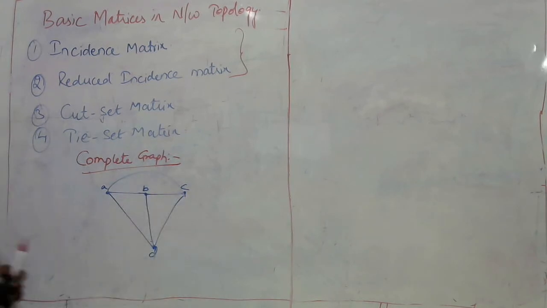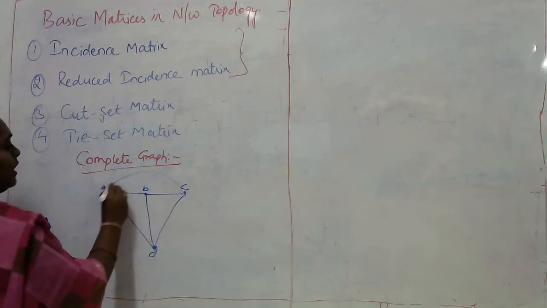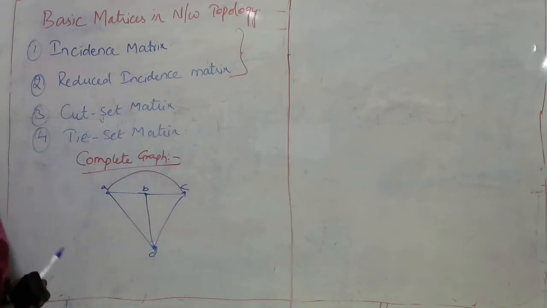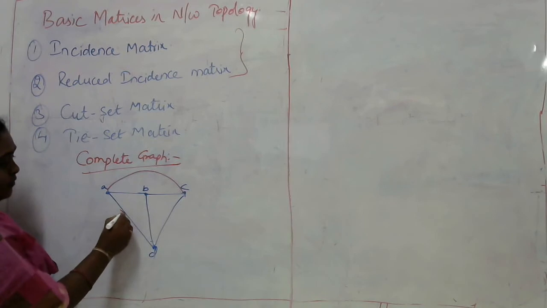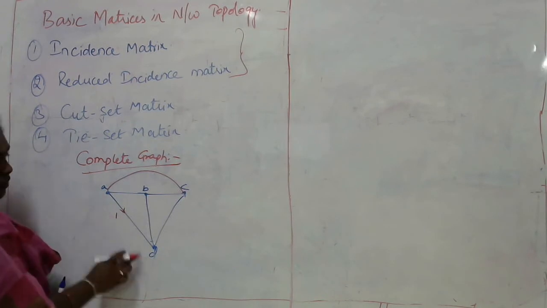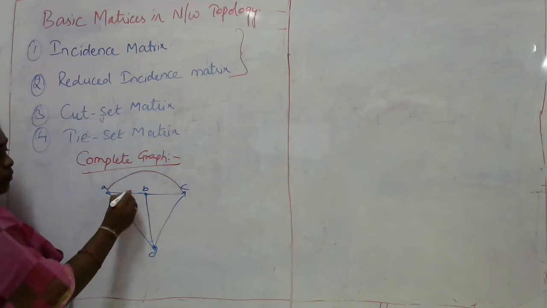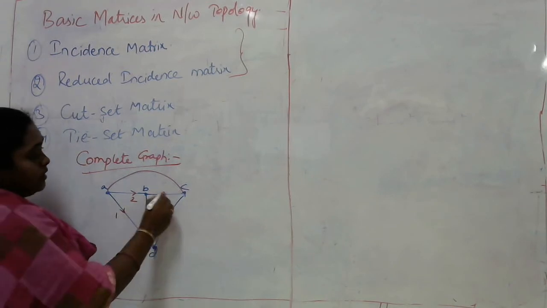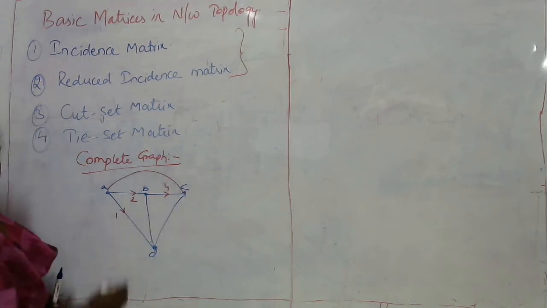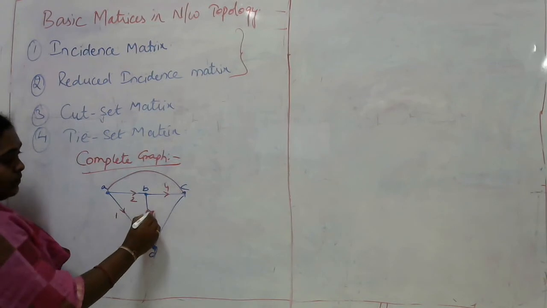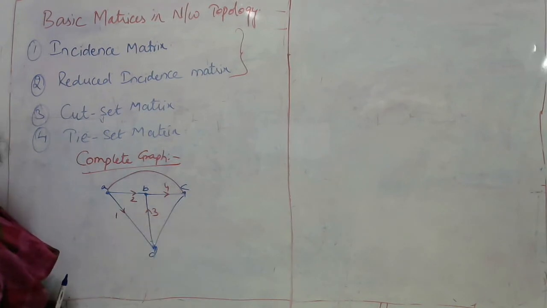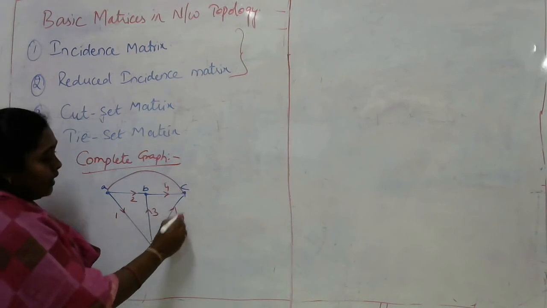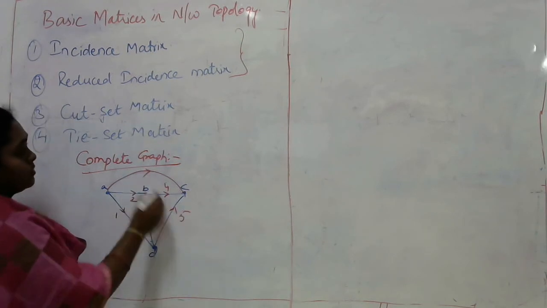So I am representing the nodes with the alphabets A, B, C and D, and the branches are numbered: A to D is 1, A to B is 2, B to C is 4, similarly D to C is 3, B to D is 5 and A to C is 6.